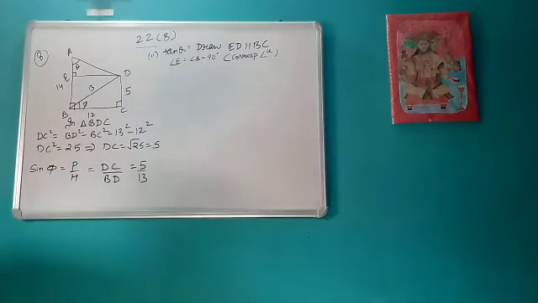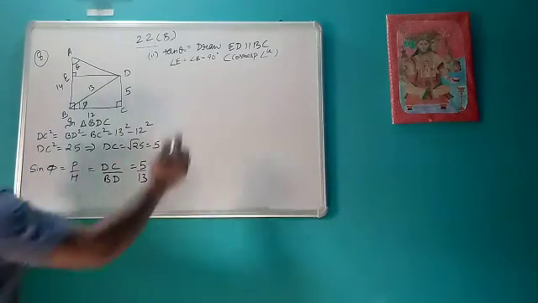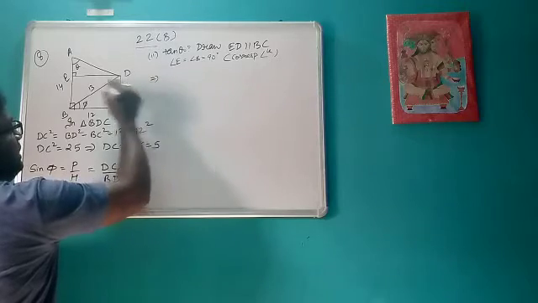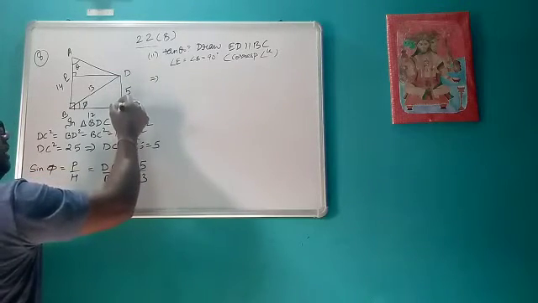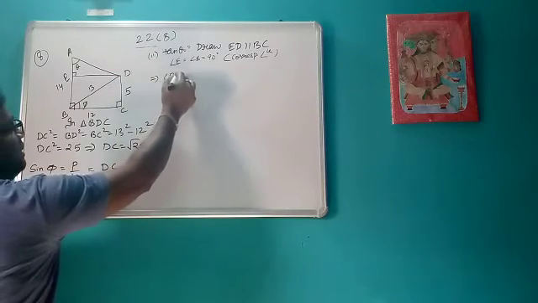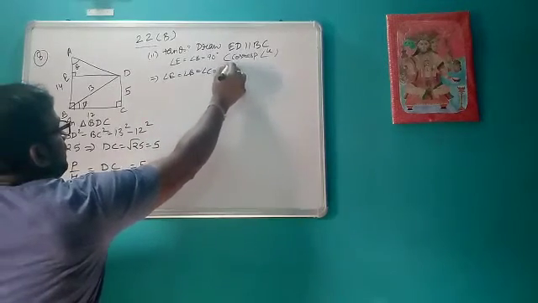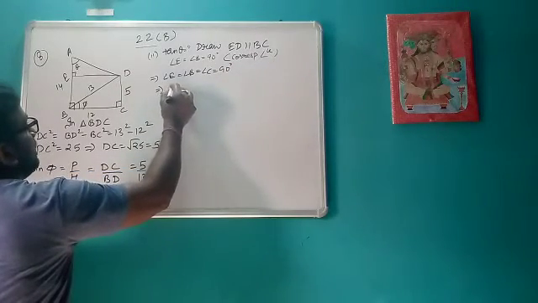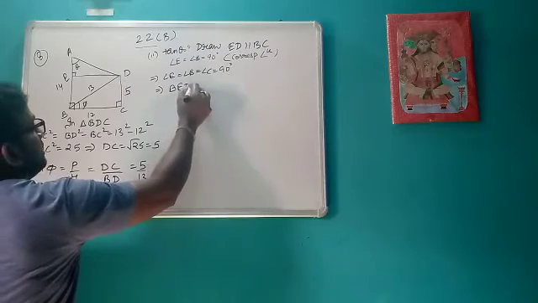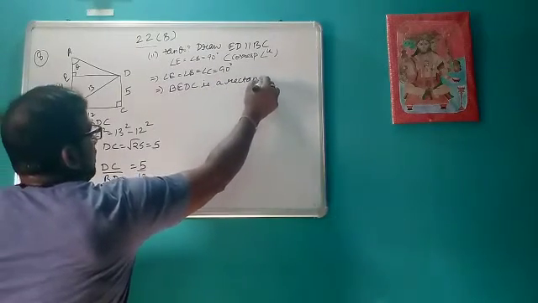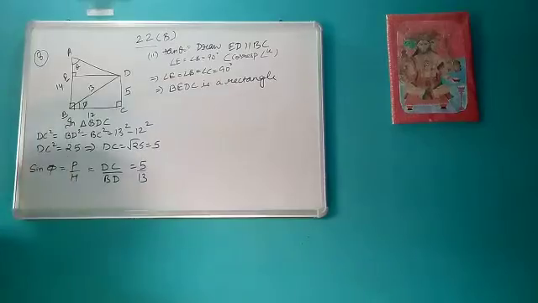So that means now we can write, this is 90, this is 90, and this is already 90. So angle A is equal to angle B is equal to angle C is equal to 90. So we can write that BEDC is a rectangle, and now it becomes a rectangle.